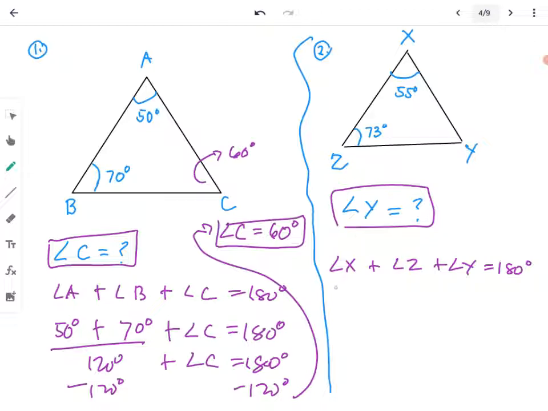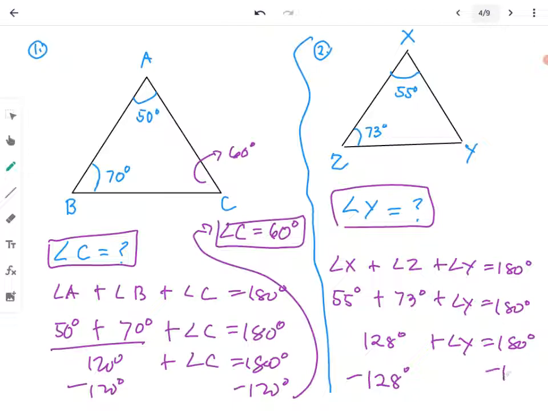We can replace angle X as 55 degrees, angle Z as 73 degrees, plus angle Y equals 180 degrees. 55 plus 73 is 128 degrees, plus angle Y equals 180 degrees. Subtracting both sides by 128, therefore, angle Y is 52 degrees. So we already solved our angle Y.